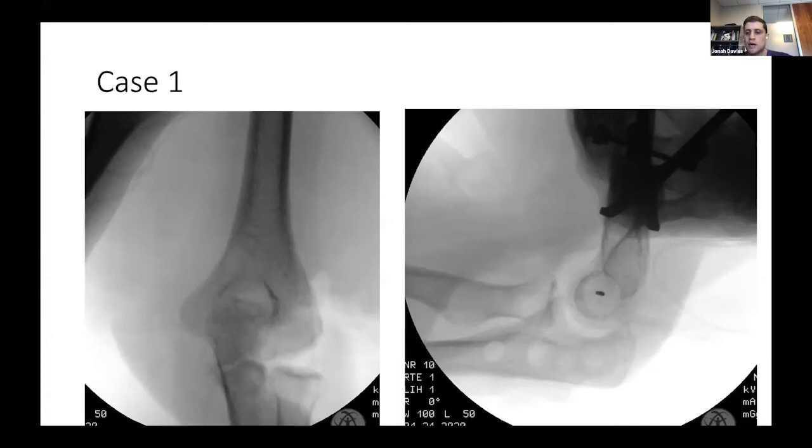I usually use one, cut it in half, and use each half on either side. I weave the Krakow on one side of the stitch, pass it through the bone tunnels, and then I determine where the isometric point is, and I trim the remaining portion of the ligament or the tendon, and then I Krakow weave the other one.